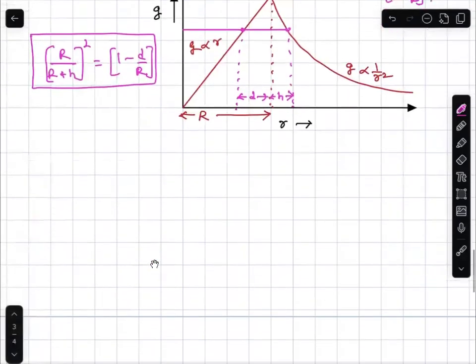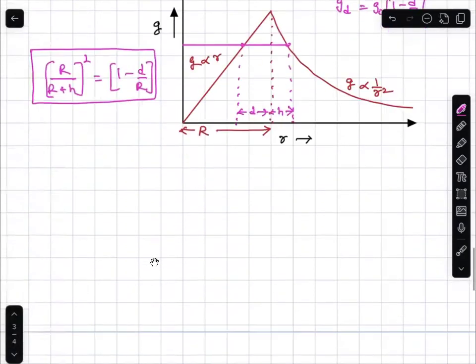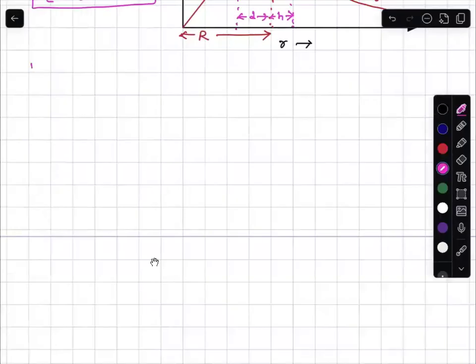In that case, you will consider that effect as a rotation effect, and that effect is actually called the latitude effect. Variation of g with latitude.